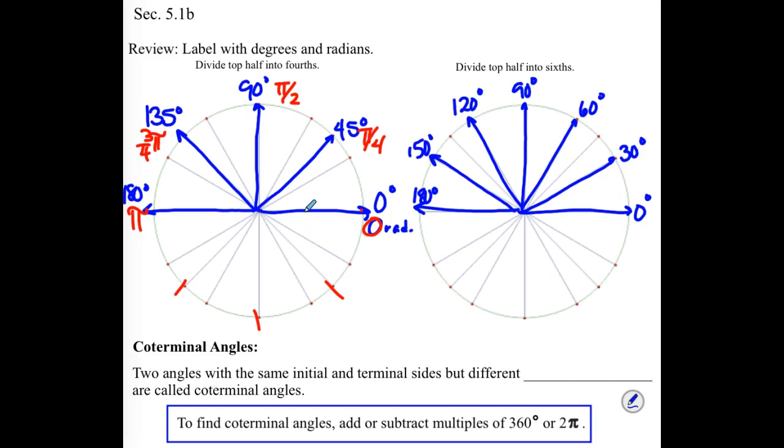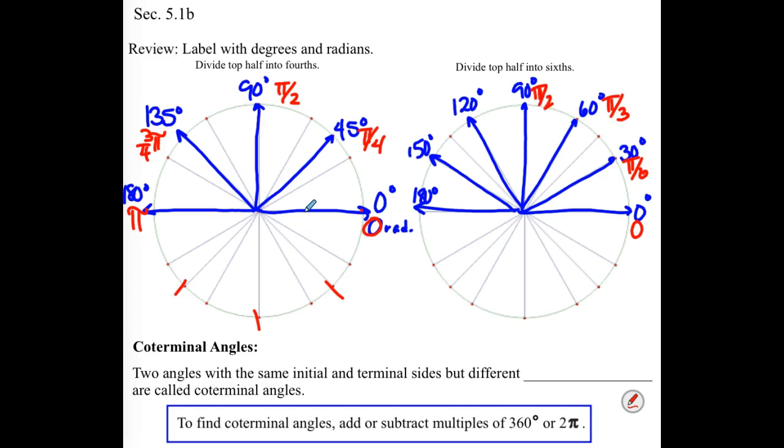In radians, we just took 1 pi, the top half of our circle, and cut it into 6 chunks. Each of those chunks represents pi over 6, or 1/6 of pi. So we're at 0 radians. We're at 1/6. 2/6 would reduce to 1/3. 3/6 reduces to 1/2.